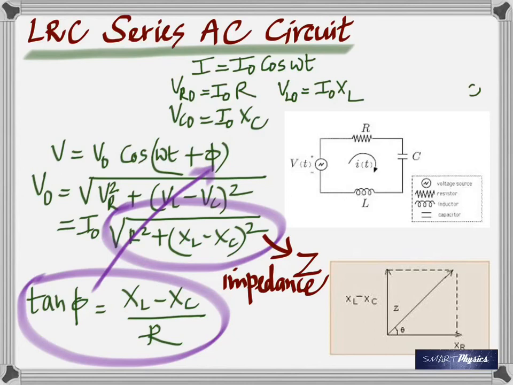Voltage across the resistance, right? What about the voltage across the inductance? And voltage across the capacitance. How would you find the resultant of these three vectors? I just assumed that this is smaller in magnitude than this one. You can see that, right? Okay, how do you find the resultant of these three vectors?